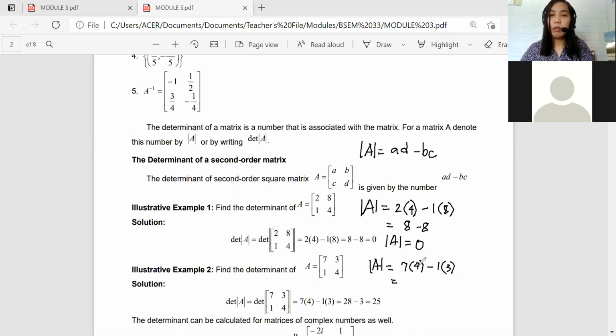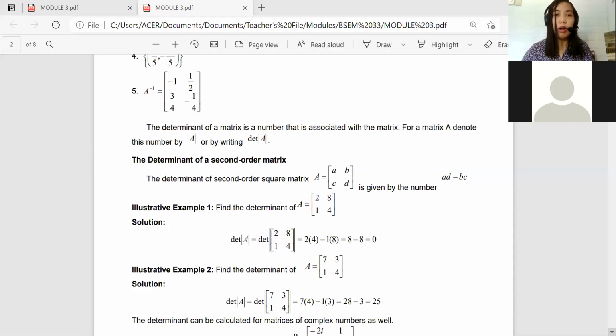So 7 multiplied by 4, it's 28, minus 1 times 3, it's 3. 28 minus 3. So the determinant of A is 25. Okay. Next. Do you have questions so far?